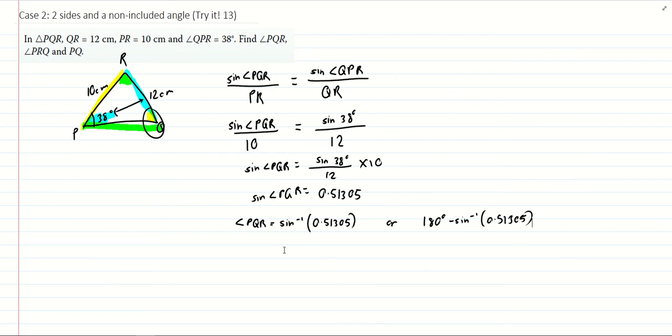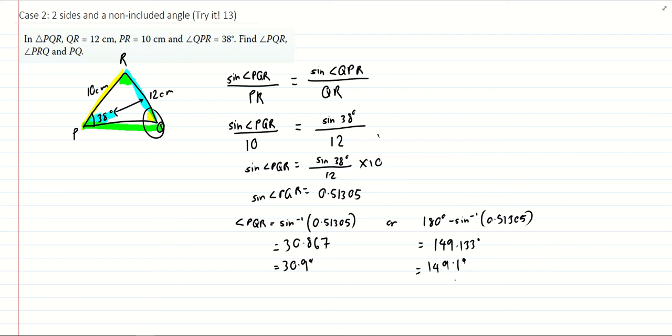If I take sine inverse, angle PQR equals 30.867, rounding off to 1 dp, 30.9 degrees. Over here you will have 149.133, which is 149.1 degrees.